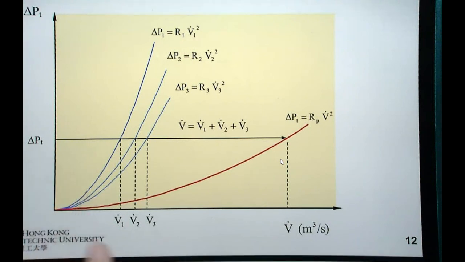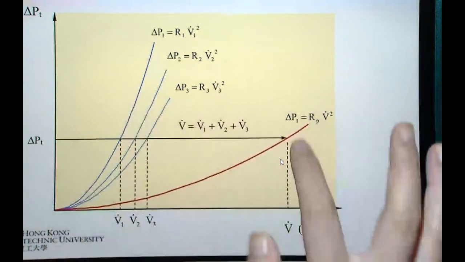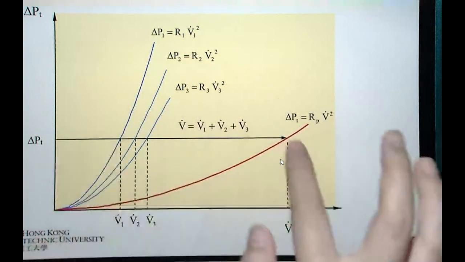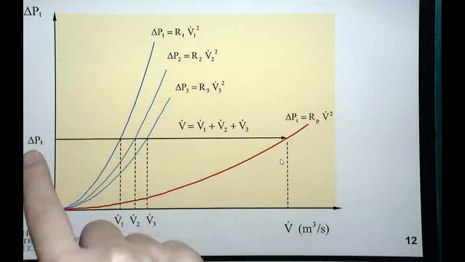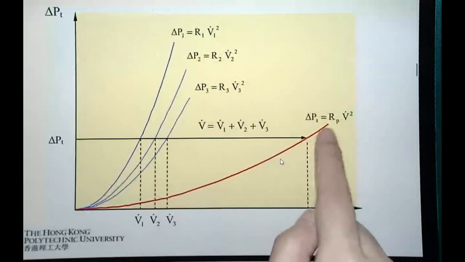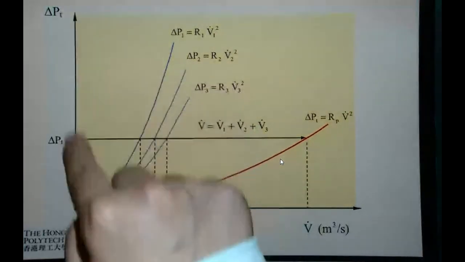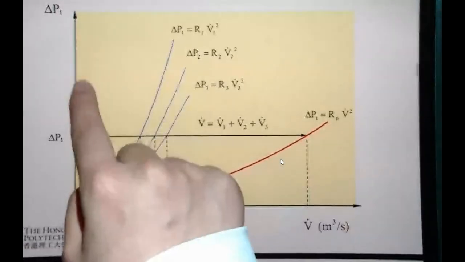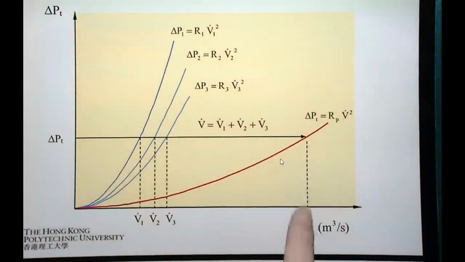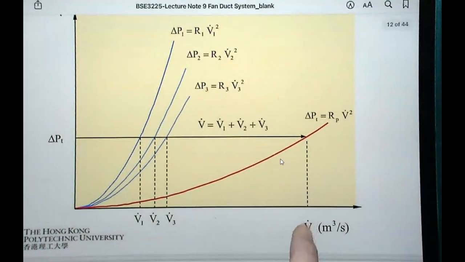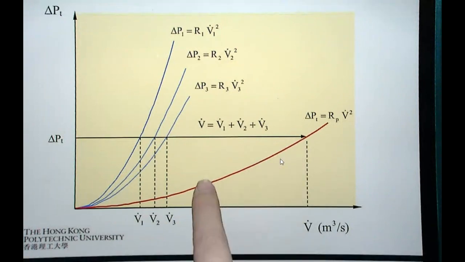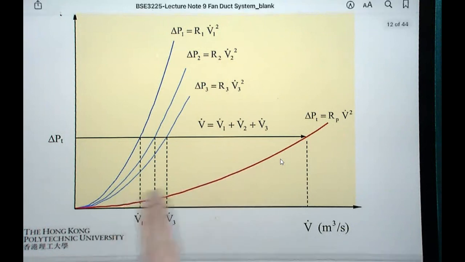And this 1 dot is only for a certain corresponding total pressure drop. What we do is we do that for different pressure drops, and by moving along the total pressure drop axis, we can find the corresponding volumetric flow rate each time, and we connect these obtained dots.